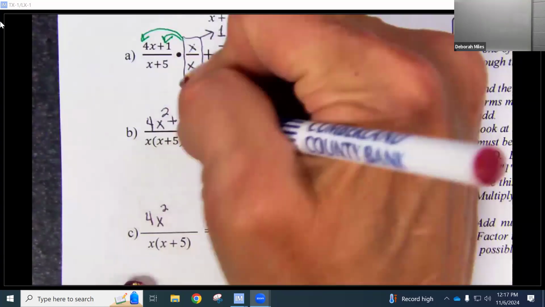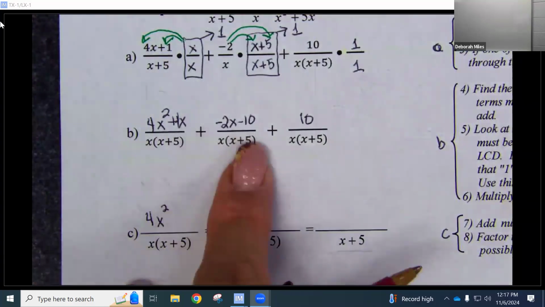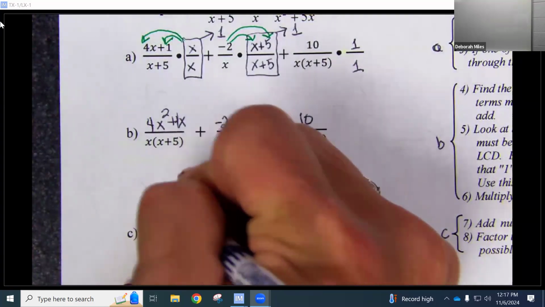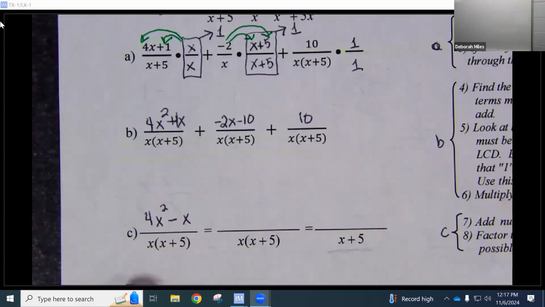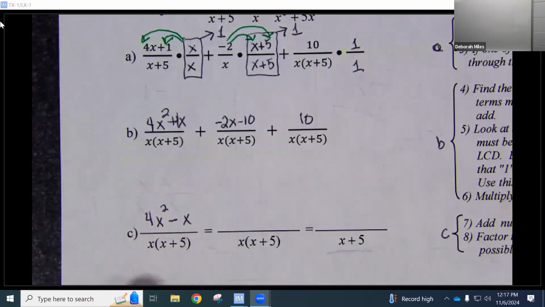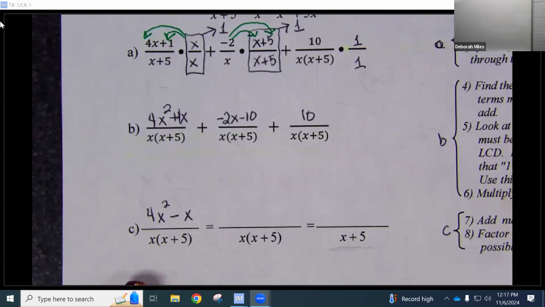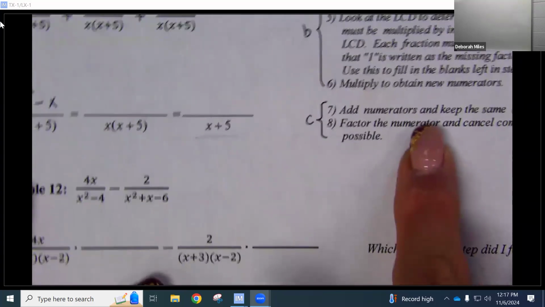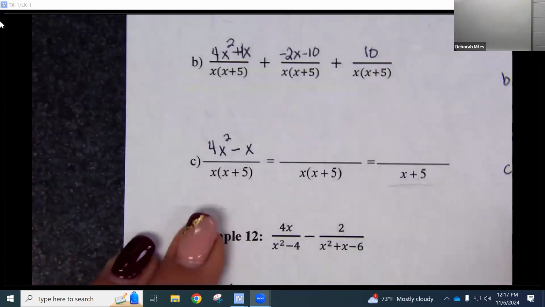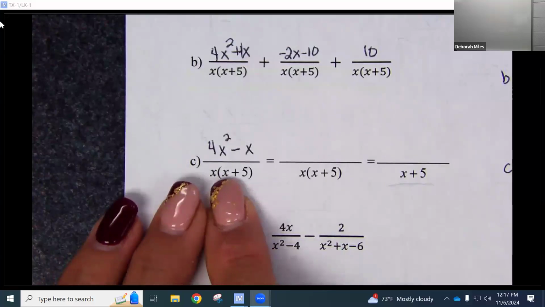Minus x, because this is 1x minus 2x is negative 1x. Anything else? No, negative 10 plus 10 is 0. So that's number 7. I added the numerators and kept the same denominator.